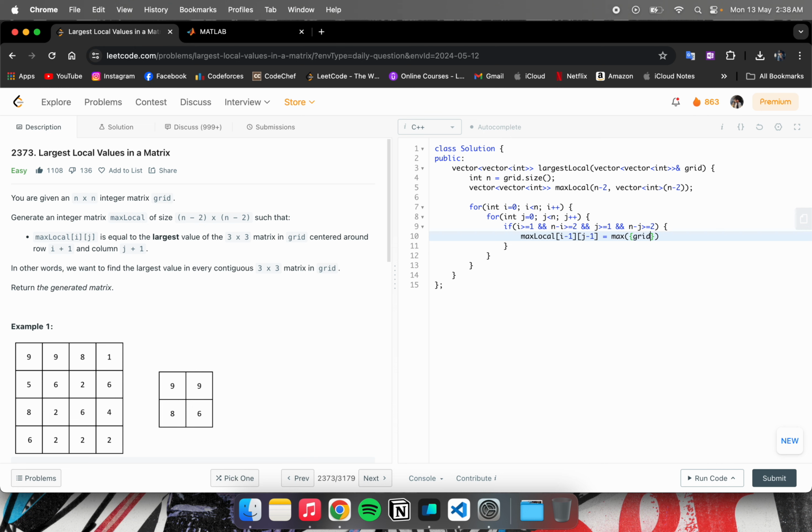So yeah, and I'll just take the maximum of all the values in the 3 cross 3 matrix, which will be grid i minus 1 j minus 1, grid i minus 1 j, grid i minus 1 j plus 1, then grid i j minus 1, grid i comma j, grid i j plus 1, then grid i plus 1 j minus 1, grid i plus 1 j, and finally grid i plus 1 j plus 1, right? So yeah, that is mostly it.